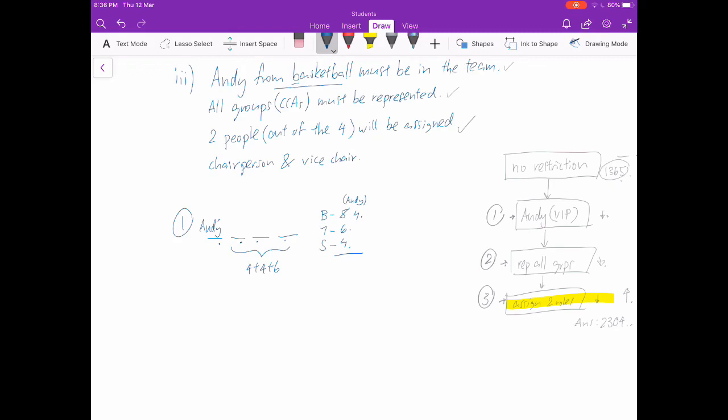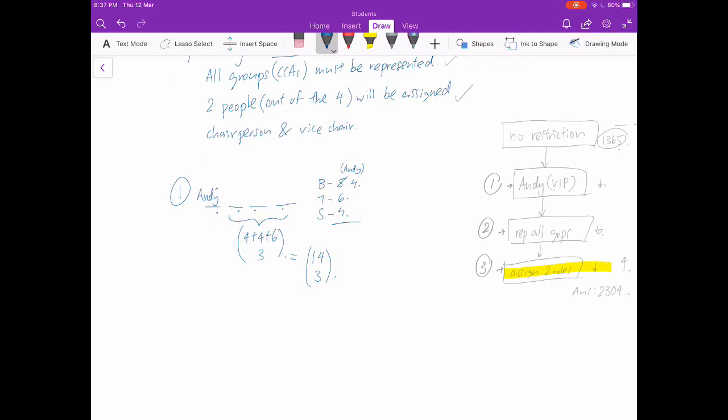Choose how many? No longer 4, we're choosing 3. So with that, we have 14 choose 3. There are 14 choose 3 ways.